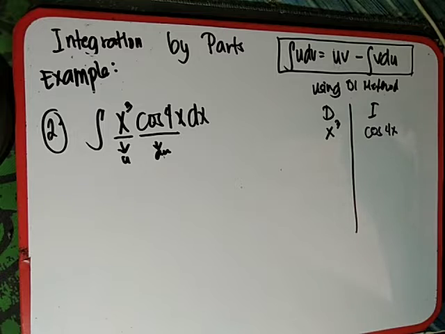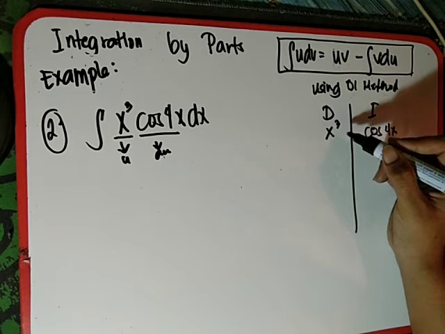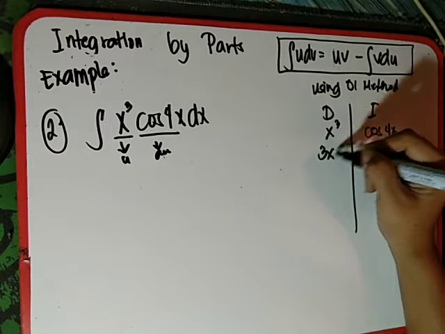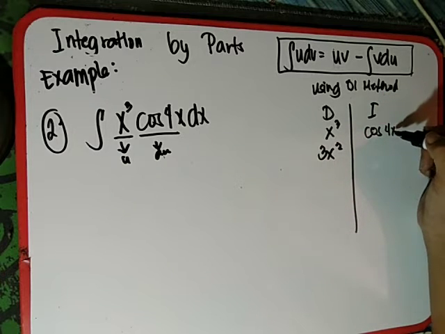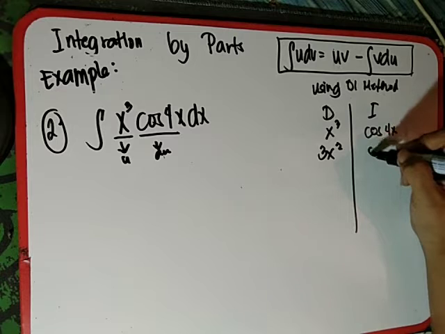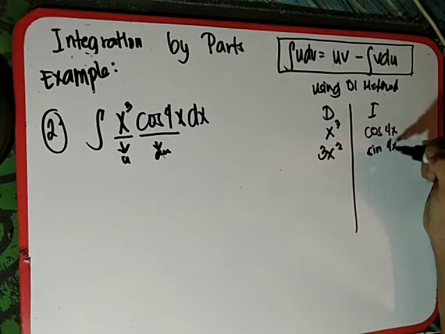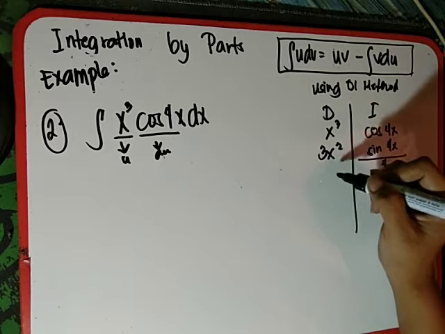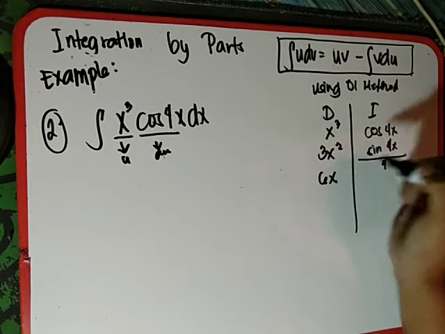So the derivative of x raised to 3 is 3x squared, and the integral of cosine 4x is sine 4x over 4. Next is 6x.